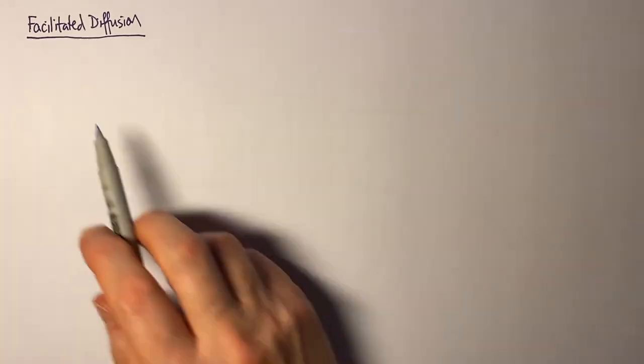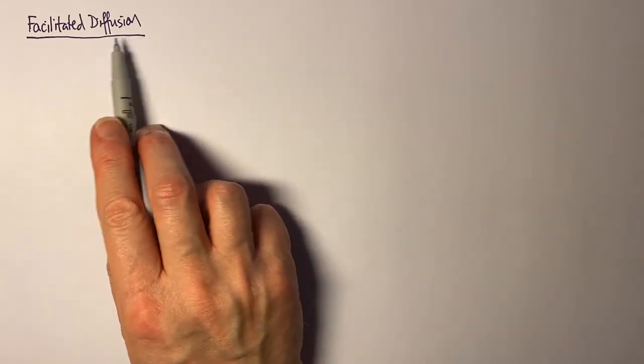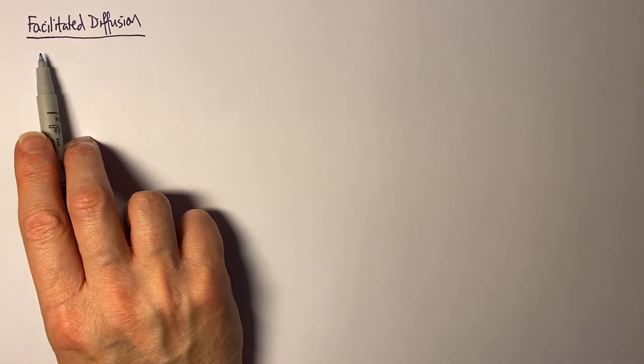So what membranes have in them, as we've previously discussed, are proteins that can act as channels or carriers. And there's lots of different types. And these help diffusion to take place across the membrane. And so this is called facilitated diffusion. The word facilitated means helping.